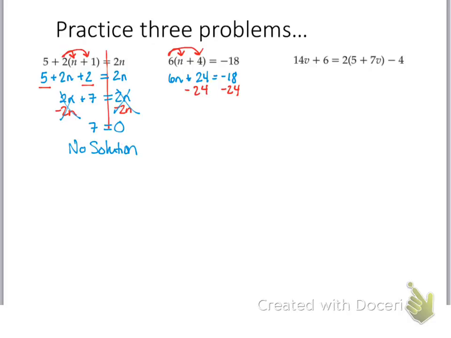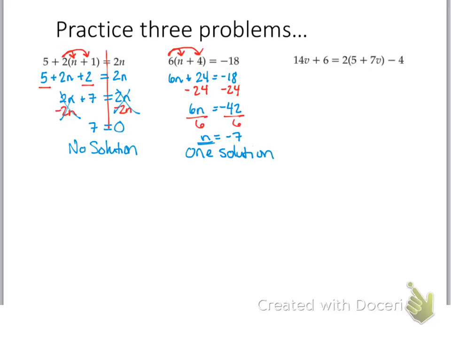That gives me negative 42 is equal to 6n. Multiply or divide. N is equal to negative 7. What kind of solution is that? Well, we know what the variable equals. The variable did not disappear, so that's what we call one solution.